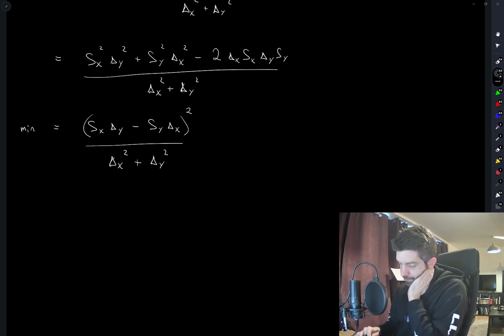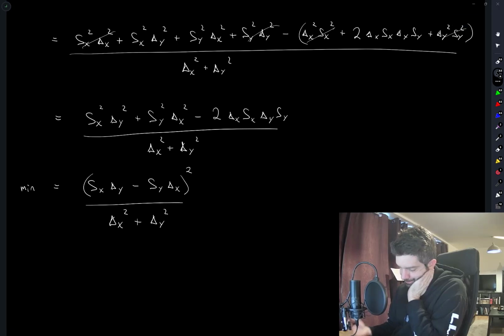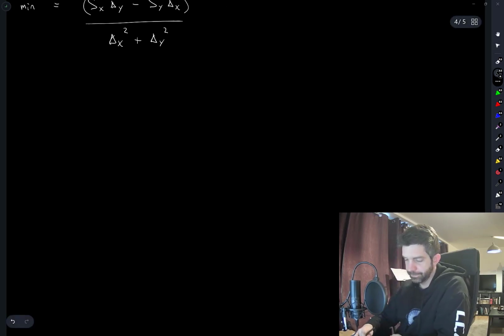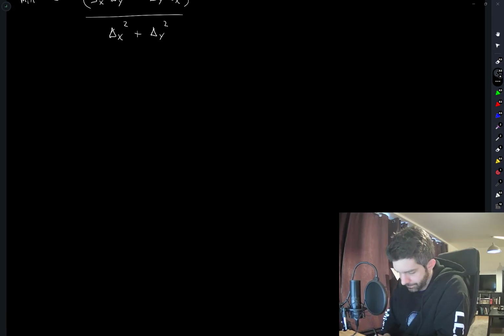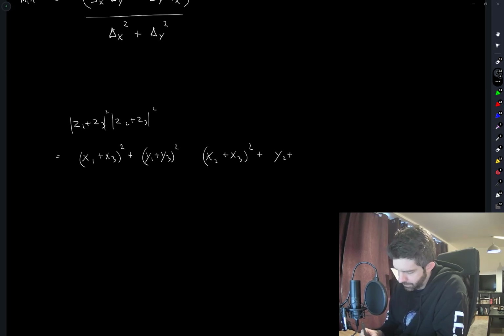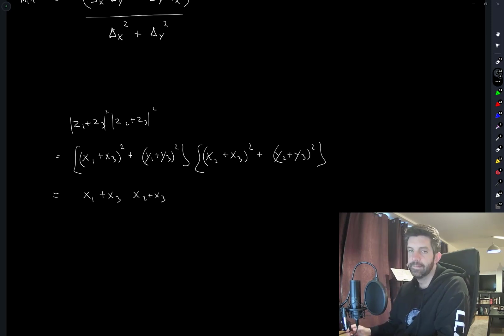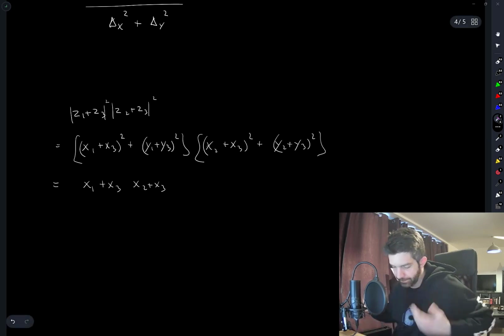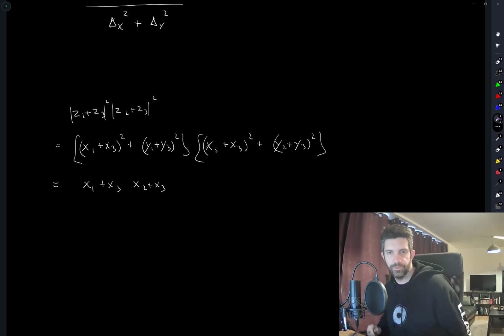Because I don't actually see the modulus coming out exactly. Maybe I'll just compute one more thing quickly. I don't know if this is the best way to do it.